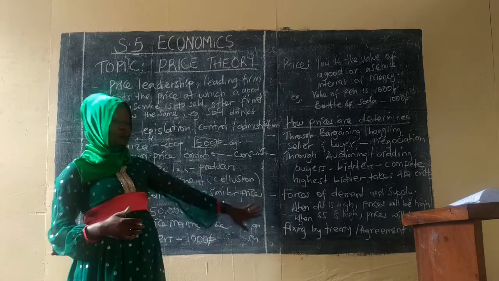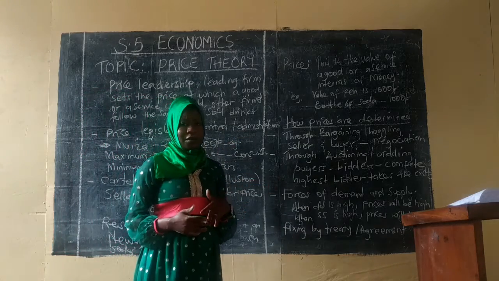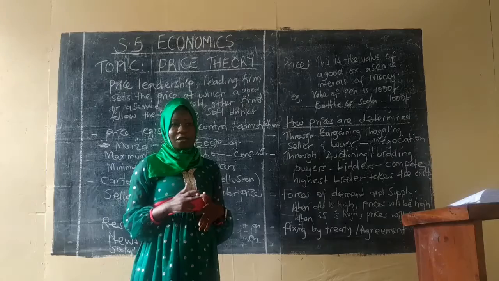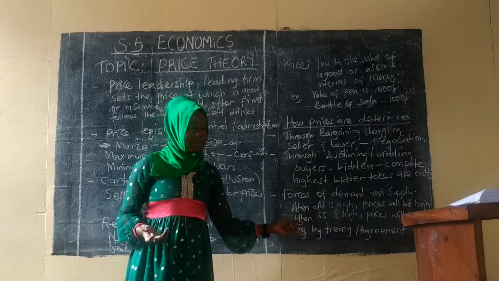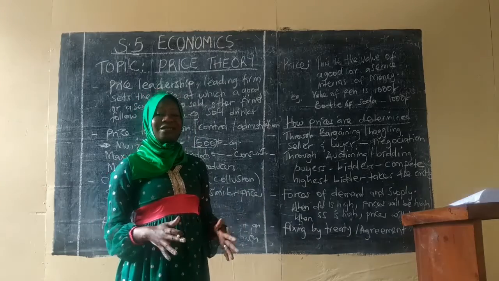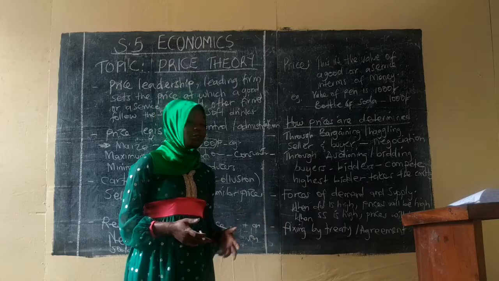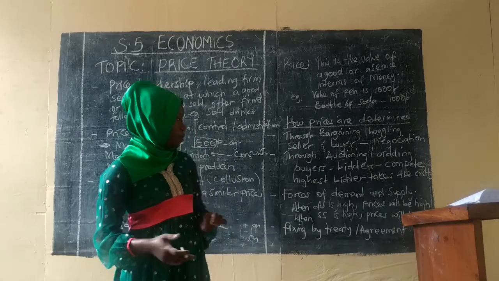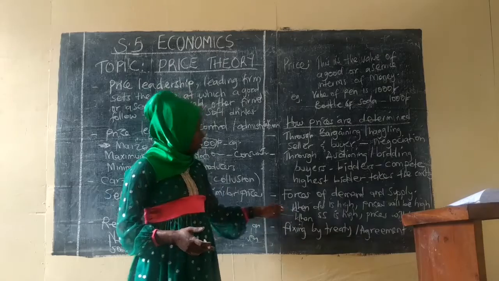Then we have the forces of demand and supply. We simply say, when the demand is high, automatically the price will also be high because the market is there. And when supply is high, prices have to be low because the goods are in excess and they have to be sold off. To be sold off, then you have to lower the price. So they also determine how prices are set.